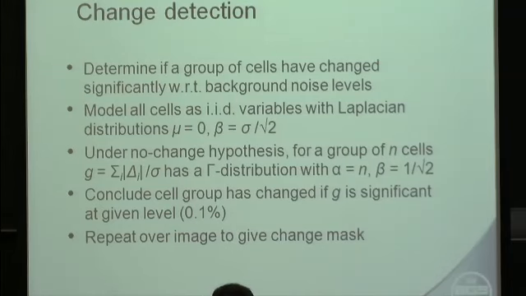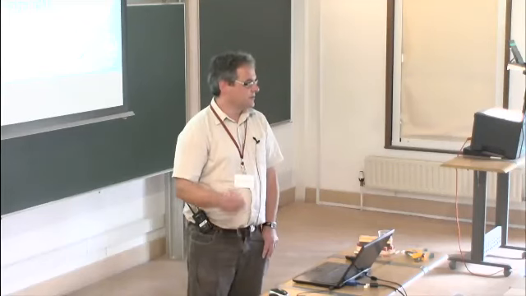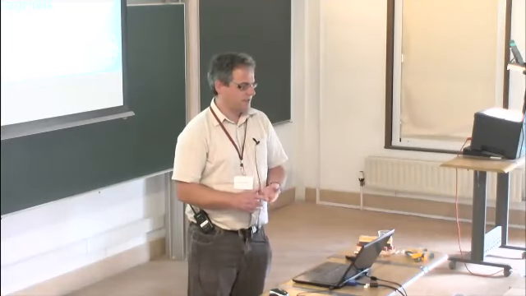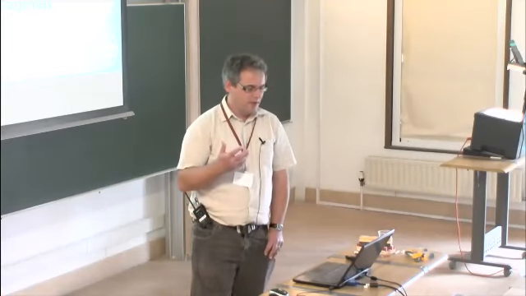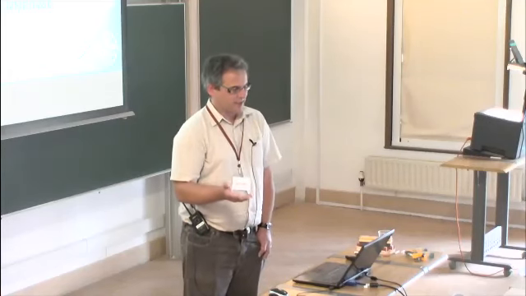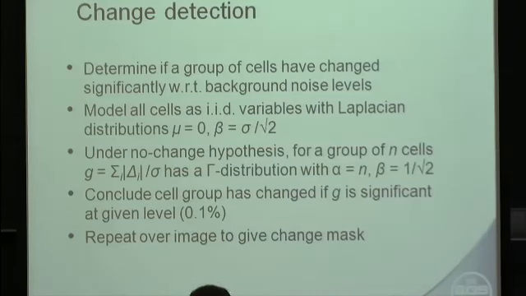What we want to do is to look for changes between images. As I said, we will determine if a group of cells have changed significantly with respect to the background noise levels. To do this, we model the cells as independent and identically distributed variables. We found that the noise statistics had roughly Laplacian distributions with a mean of 0 and a standard deviation of sigma.